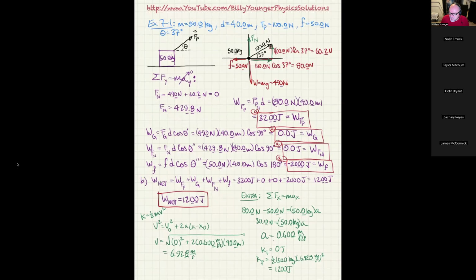So that turns out to be not a coincidence. Notice the net work was 1,200 joules. Notice the change in kinetic energy, delta K, which is K final minus K initial, is also 1,200 joules. That's not a coincidence. That's called the work energy theorem.